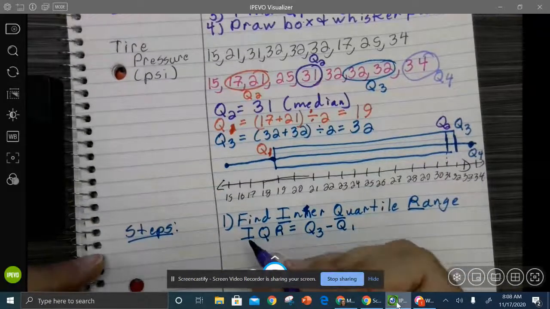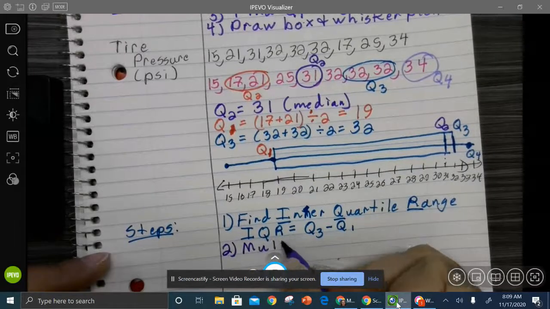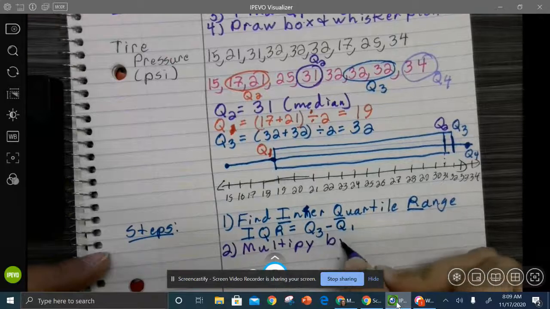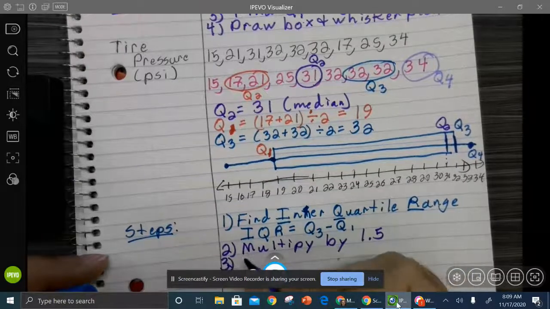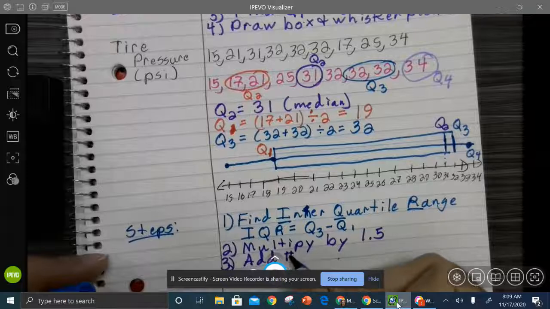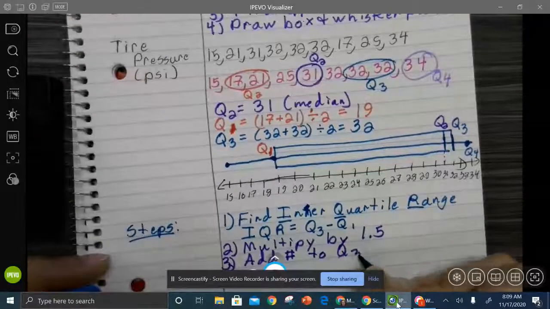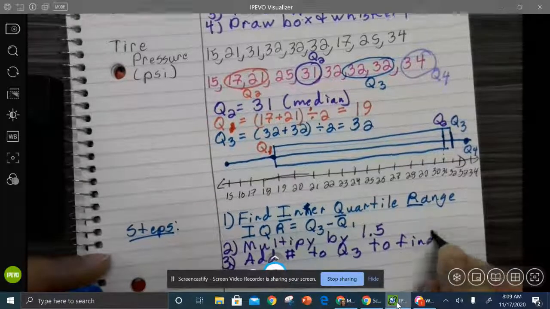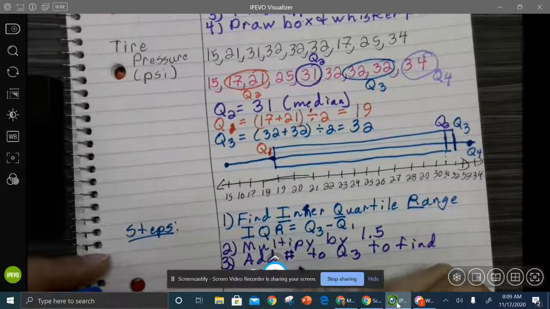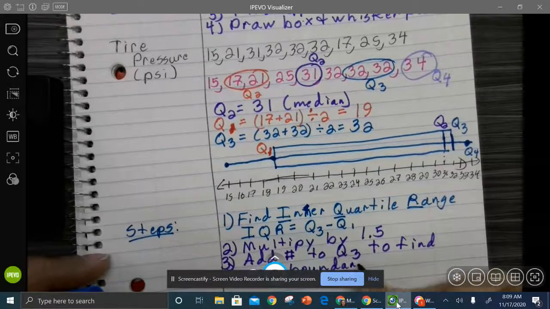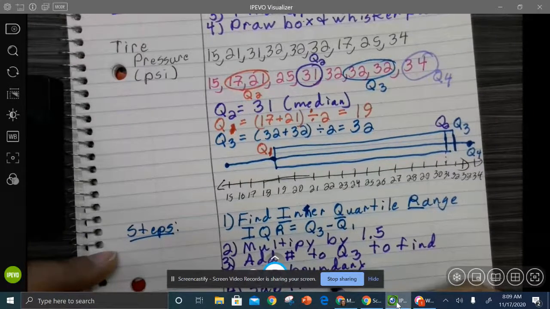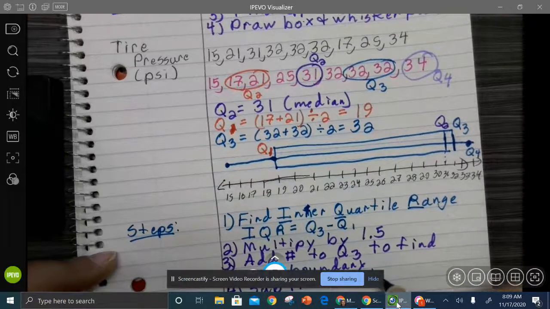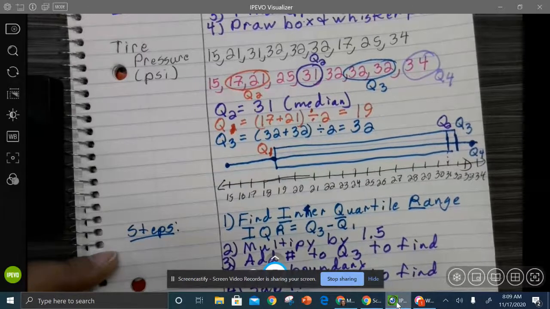Then we multiply by 1.5. We add that number to quartile 3 to find the upper boundary, and then we subtract it from quartile 1 to find the lower boundary.